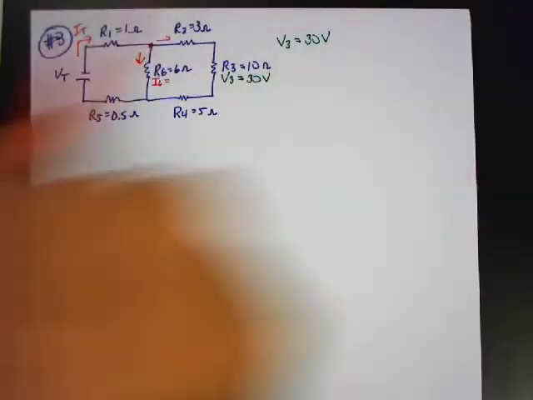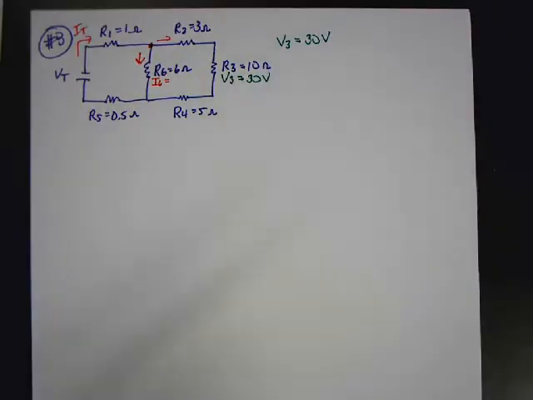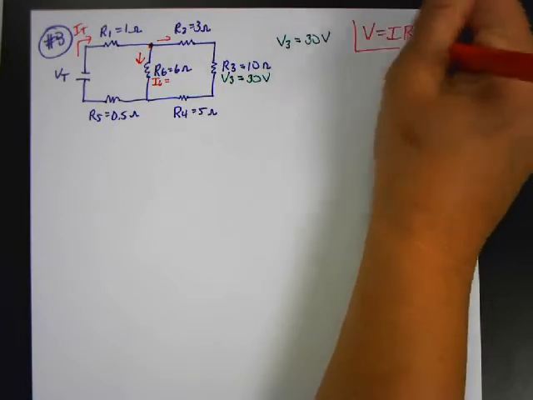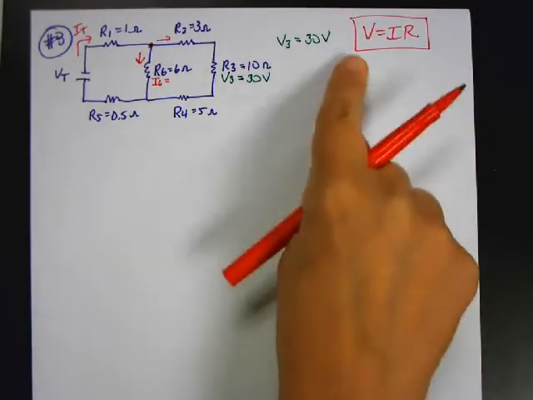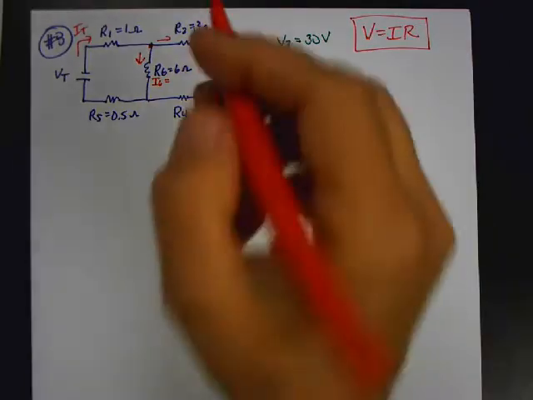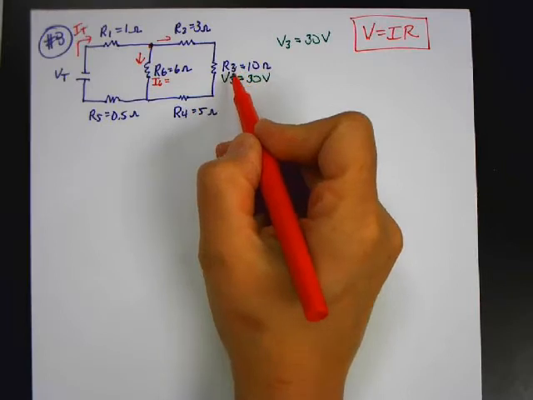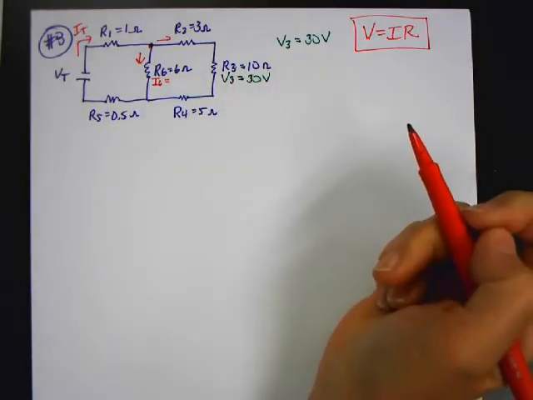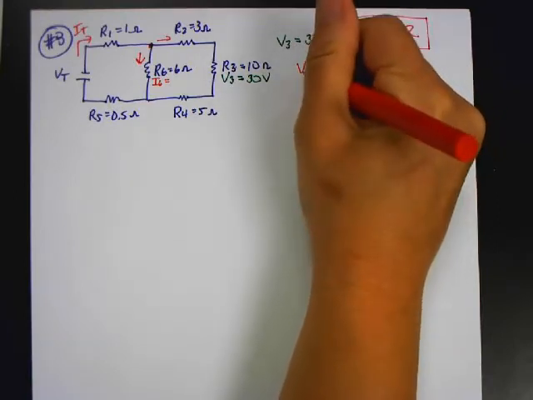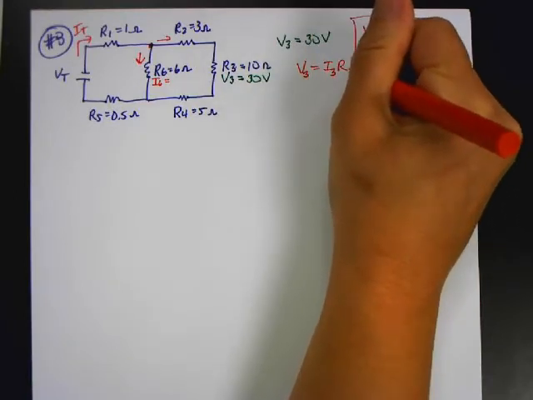Now remember, when we do these problems, we're going to be using Ohm's law for everything. Ohm's law, V is equal to IR, has 3 things. If I have 2, I can find the third. In this case, I have R, I have V, which means I can find I. So if V is equal to IR, I can say V3 is equal to I3 times R3.